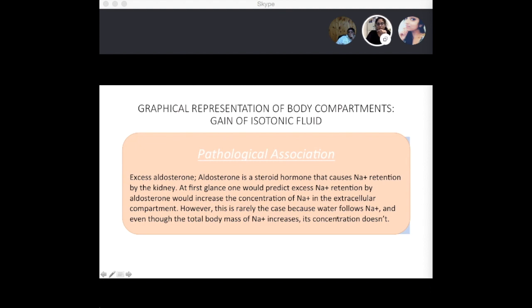But this is rarely the case because water follows sodium. And so even though the total body mass of sodium increases, its concentration doesn't. So I believe this could be essentially Conn syndrome. So lots of aldosterone. Yeah, this would be Conn's syndrome, like an adrenal tumor.